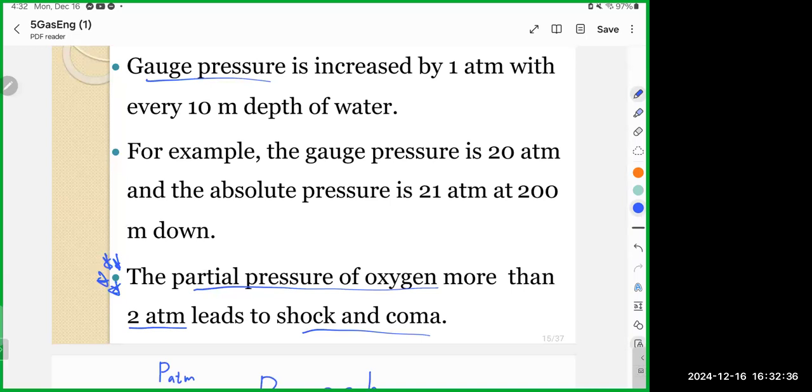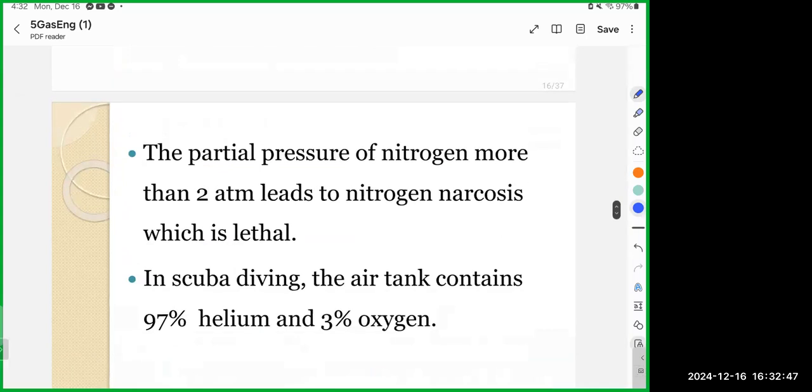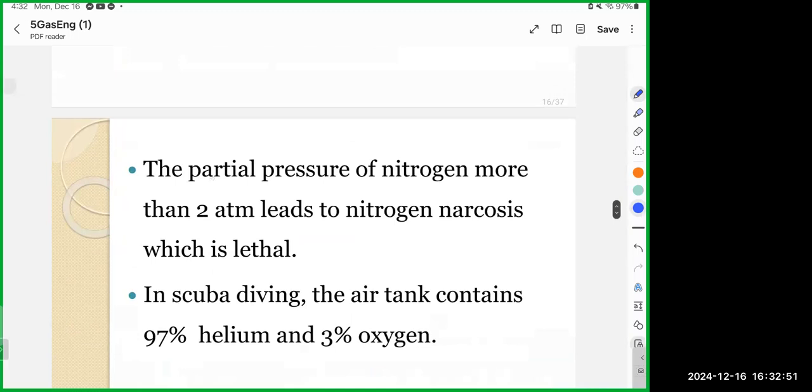It is just 2 atm of partial pressure, not total pressure. And another one is also lethal as well, because if the partial pressure of nitrogen is more than 2 atm, it would lead to the lethal situation, which we always would like to avoid.